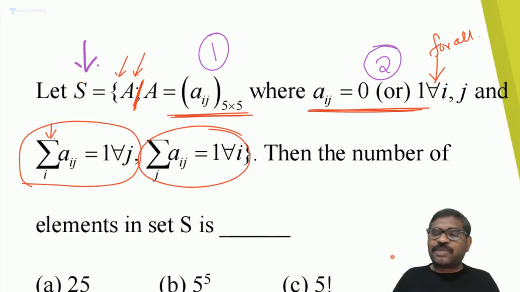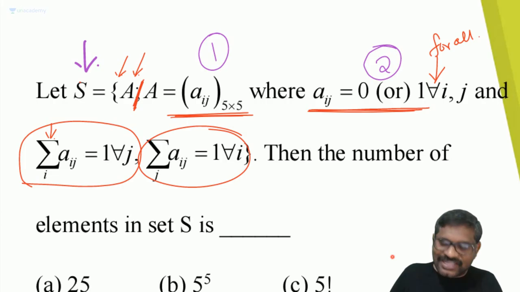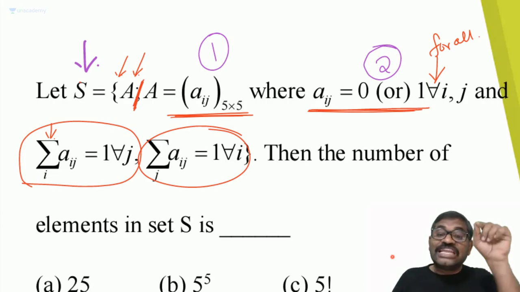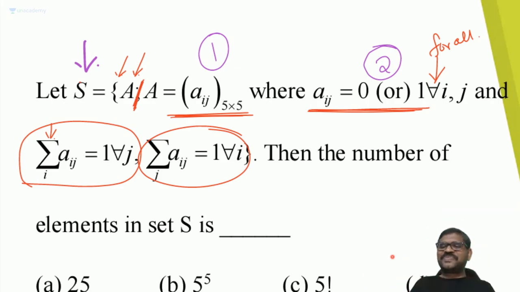Sum of all elements of a row equal to 1 means only one entry is 1, and the remaining entries are 0, in each row and each column. That is the condition.